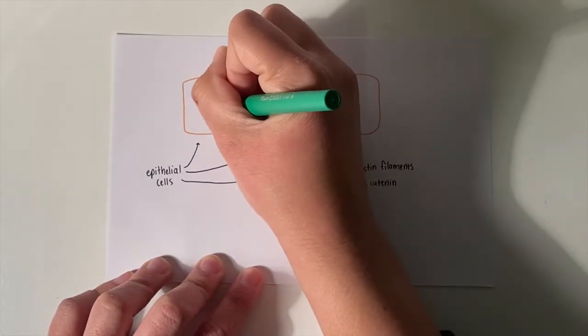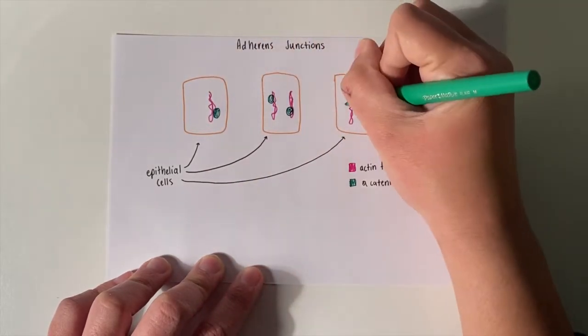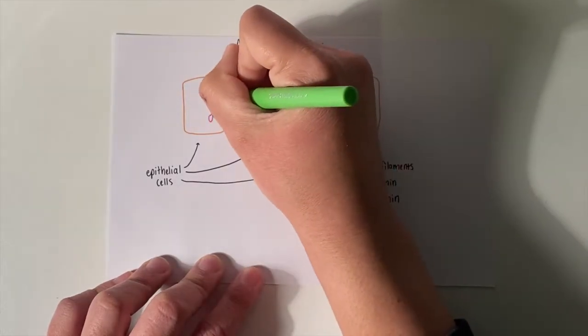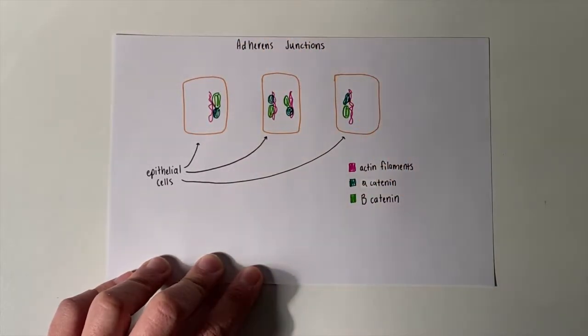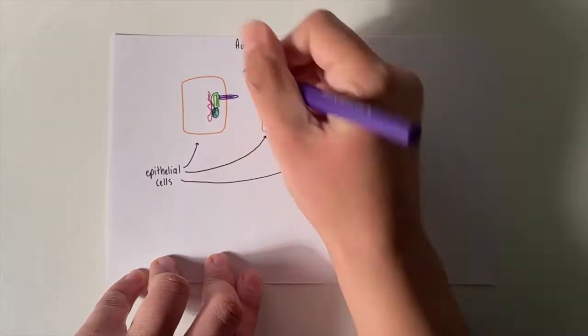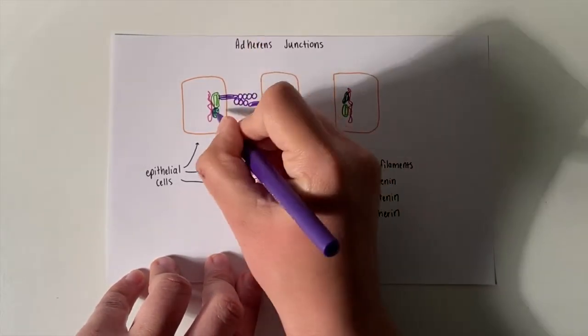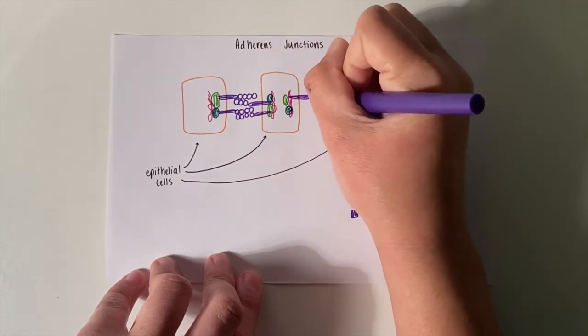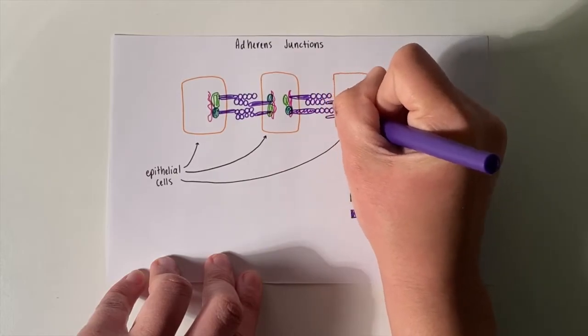The cadherins are connected to actin filaments within the cell through linker proteins called alpha-catenin and beta-catenin. This causes the cytoskeleton of the 2 cells to link, and they are anchored intracellularly and extracellularly. This interaction also requires calcium ions.